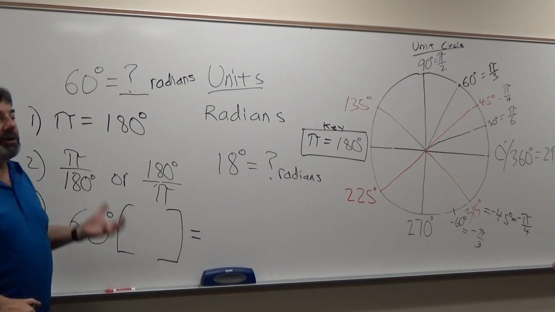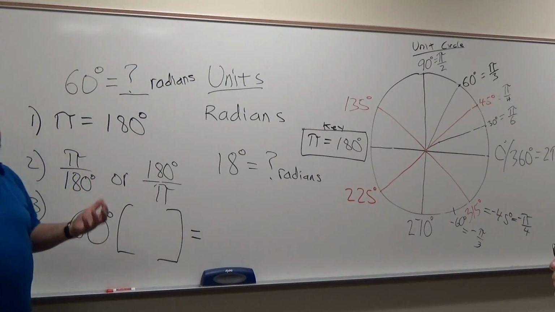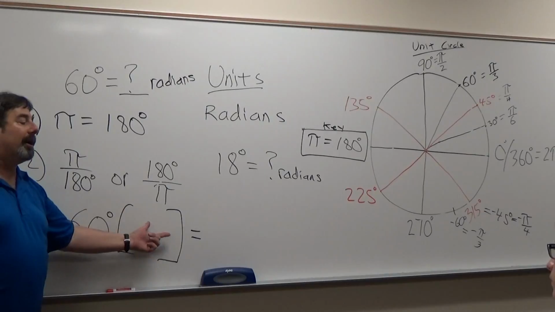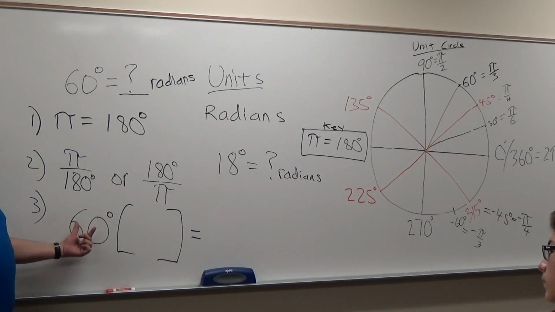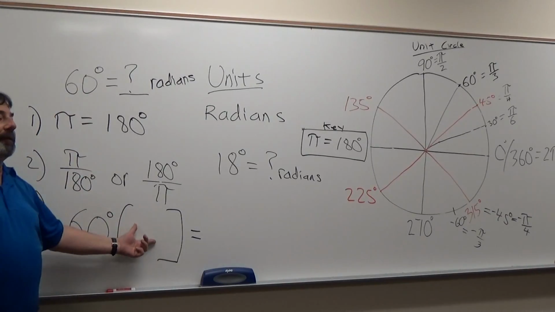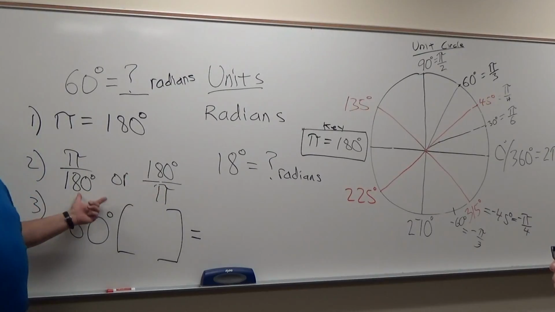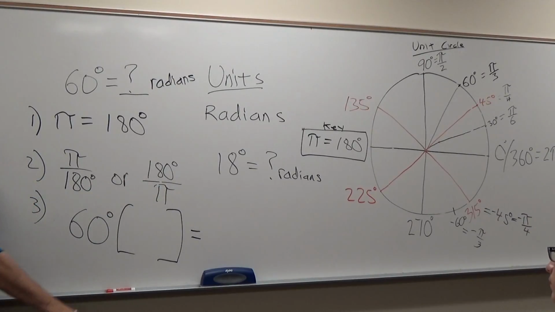So here's how you decide which of the two fractions to use as your multiplier. We're going to take 60 degrees, that's what we're converting, and we're going to multiply it times one of these two fractions. Now, we are converting out of what units? Degrees. Right.